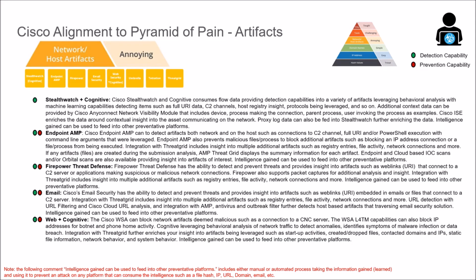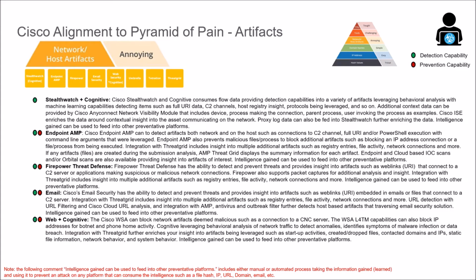So Stealthwatch and Cognitive, obviously, again, I reiterate this because I don't know if folks have jumped into the video midway, right? As opposed to starting at part 1. Maybe they're looking for something very specifically. So Stealthwatch and Cognitive consumes flow data, right? Providing detection capabilities into a variety of artifacts, leveraging behavioral analysis with machine learning capabilities.